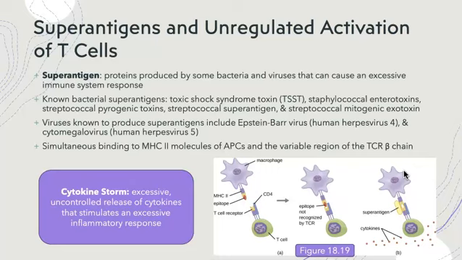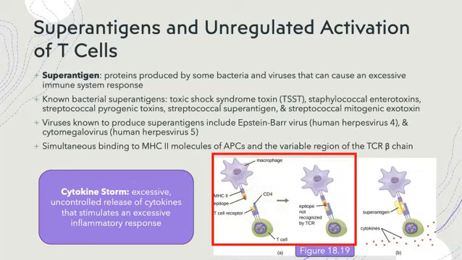Okay, last topic we're going to talk about are our superantigens. What we mean by that is it is a protein produced by some bacteria and viruses that are going to cause an excessive immune response. So you can see in this image down here that we have no recognition really taking place here, so there's no immune response.